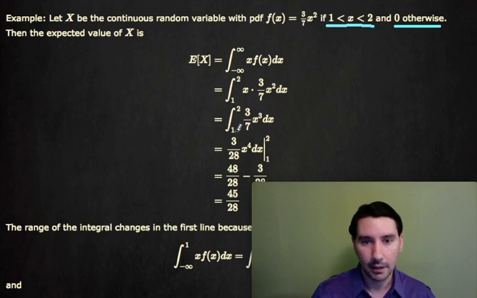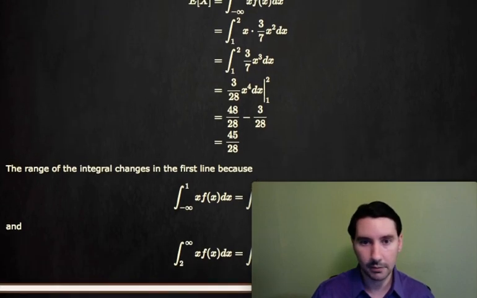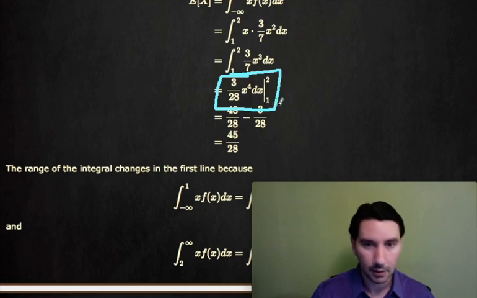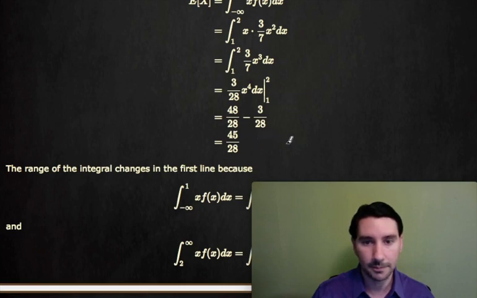And that's the integral from 1 to 2 of 3/7 x cubed dx. Then you can use the power rule. So this is x to the 4 over 4, and that makes the fraction 3 over 28. And we evaluate from 1 to 2. So we get 48 over 28 minus 3 over 28, which is 45 over 28.